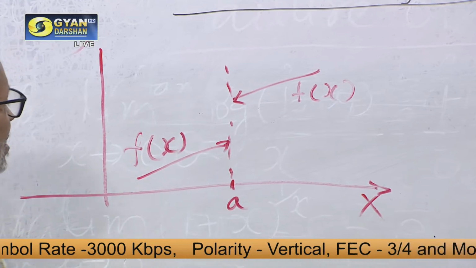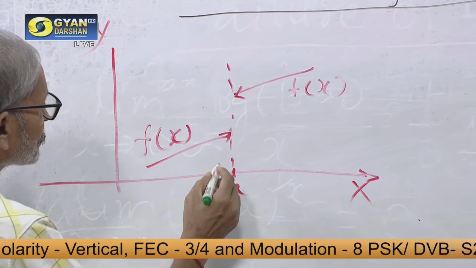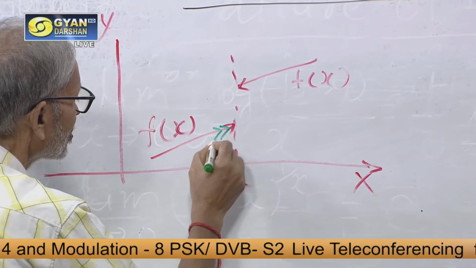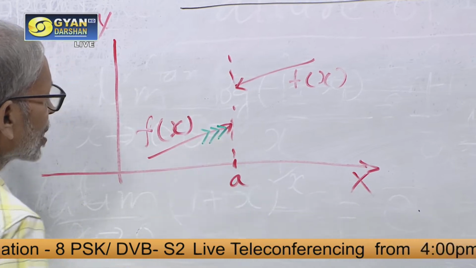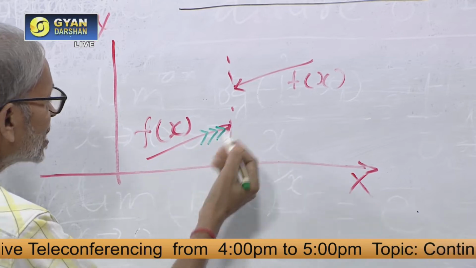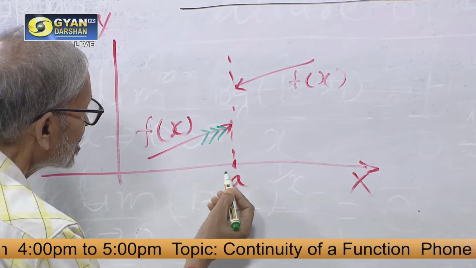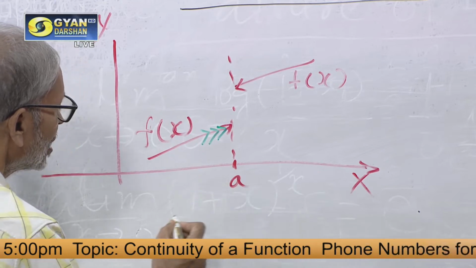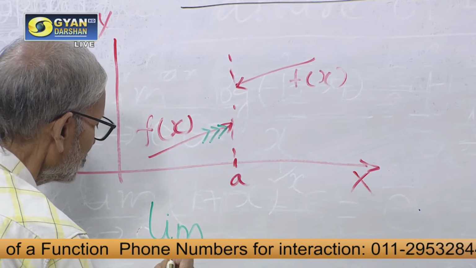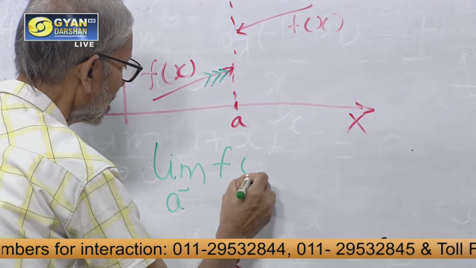while discussing the limits, we discussed that just before point A, we will take how the value of this function changes as we approach towards A from left. This we call limit x tends to a minus f x.